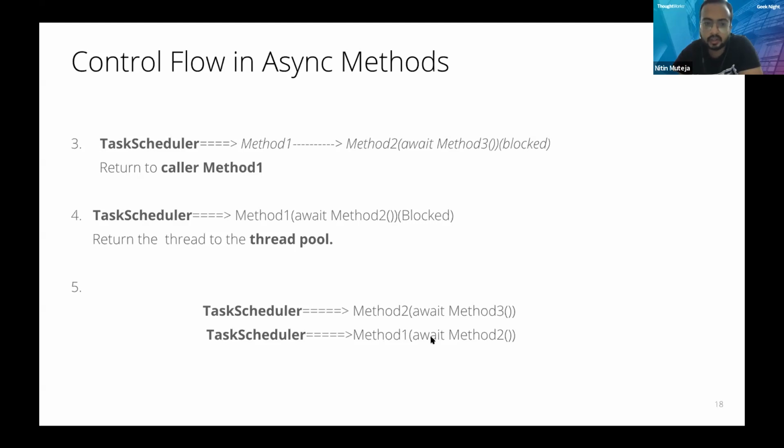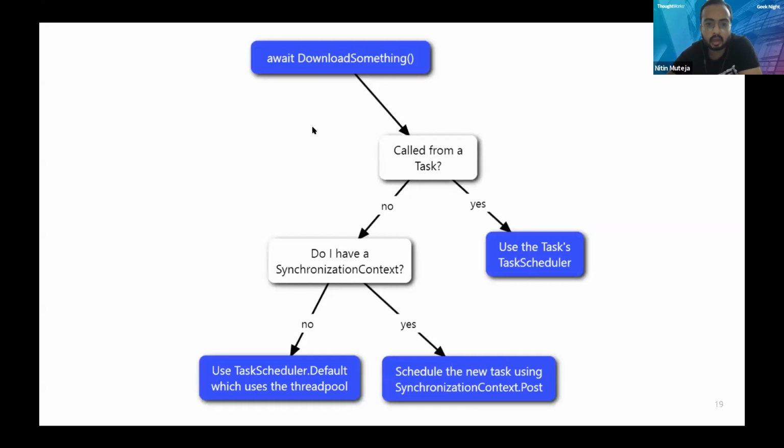That's the difference you get. If you have a synchronization context, the scheduler must ensure that the methods are executed sequentially by blocking on the synchronization context. Whereas in applications without a synchronization context, methods can still execute in parallel. That is the benefit you get out of those. So this is the flow chart of how asynchronous invocation is actually done.